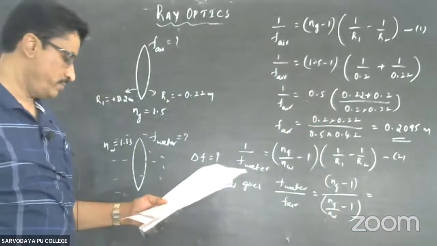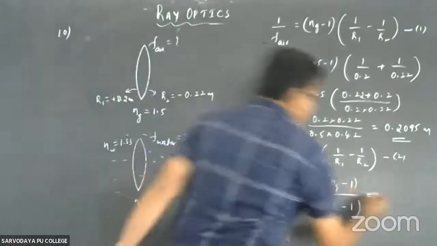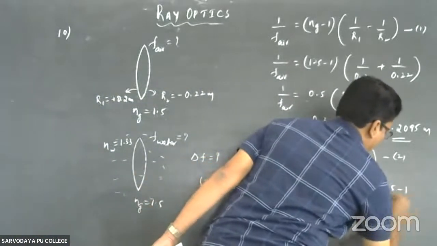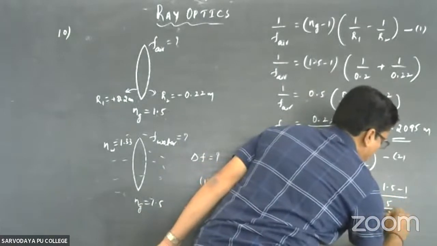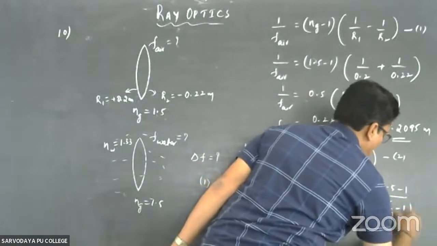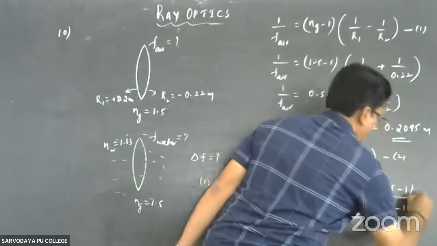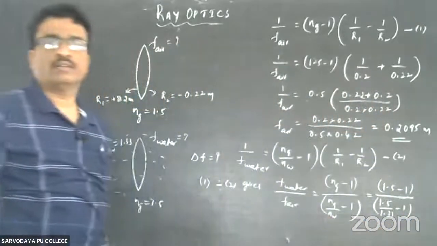Substitute for this: 1.5 minus 1, and 1.5 by 1.33 minus 1.